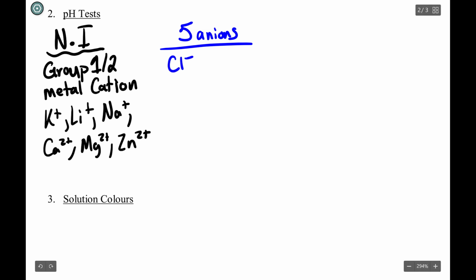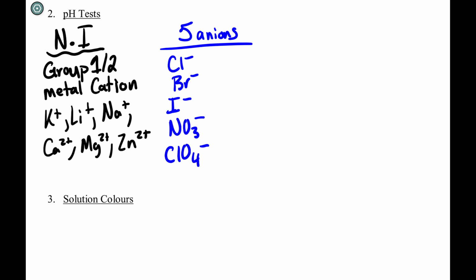So chloride, bromide, iodide, nitrate, perchlorate, in combination with these. Now, this is a general rule. There is always some kind of exception somewhere, but as a general rule, we are pretty sure that these are neutral ionic solutions.